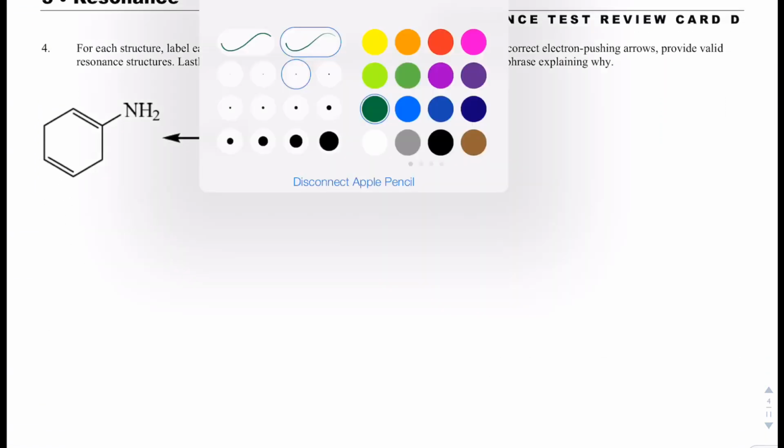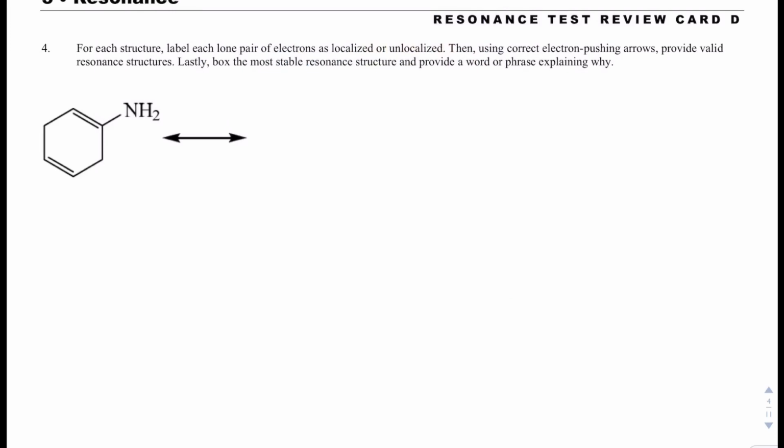Now, in number 4, I don't see a charge, so I'm going to try to find a pair of delocalized electrons, and then I can generate a charge. They're on nitrogen, so I will create a double bond, and I will knock out those electrons and put them on the adjacent carbon. Nitrogen loses electrons when it creates a bond, and so it'll become positive.